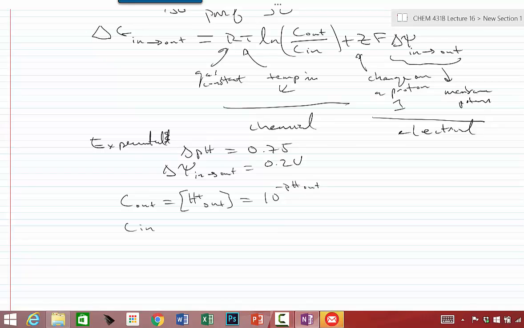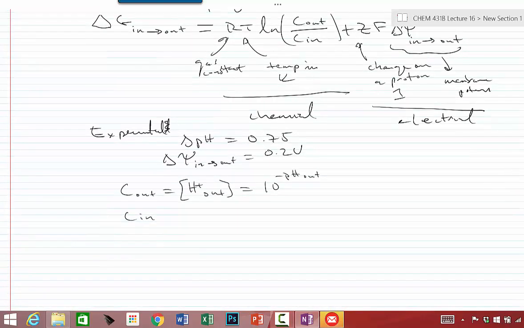And analogously, concentration on the inside is going to be equal to the concentration of protons on the inside, which is equal to 10 to the minus pH on the inside.